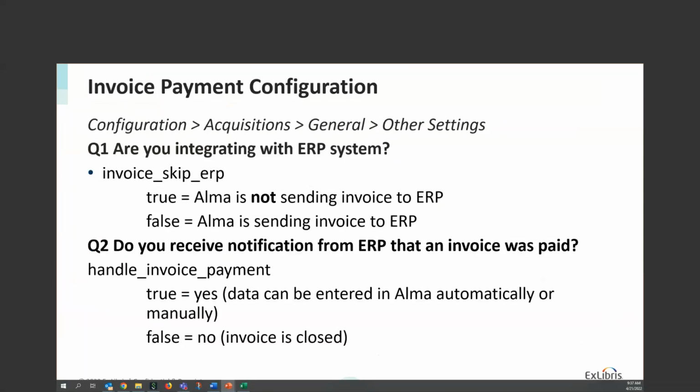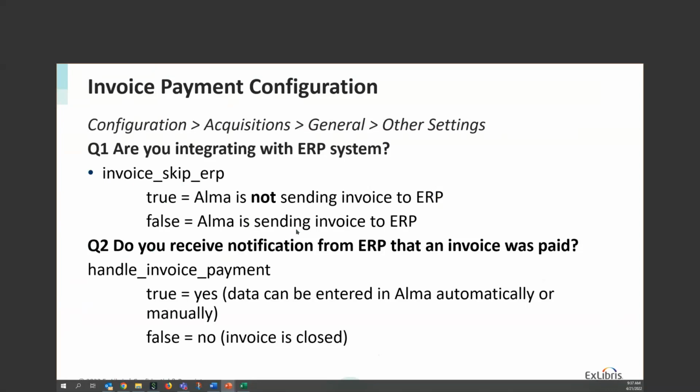So this is where you go to configure some of these settings. Are you integrating with an ERP system? If you come in here to config acquisitions, general, other settings, there's a line invoice_skip_ERP. If you say you're skipping the ERP, you set this to true, and Alma's not sending the invoice. That's what my environment is set as.